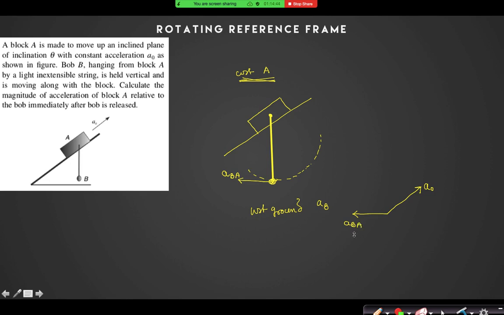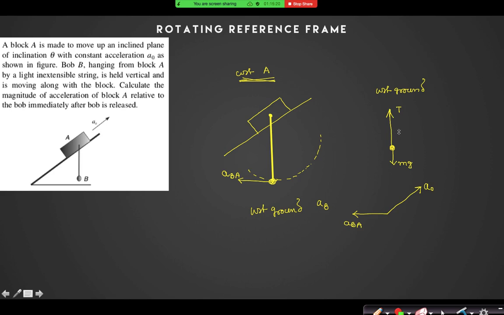Right? But if you think about the free body diagram of that ball, what are the forces acting on that ball with respect to the ground at that instant? Sir, only tension and weight? Yes. With respect to the ground, there are only two forces acting on it, tension and weight, and both of them are in the vertical direction.